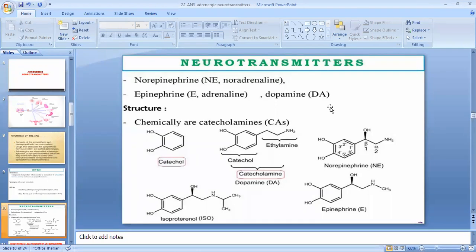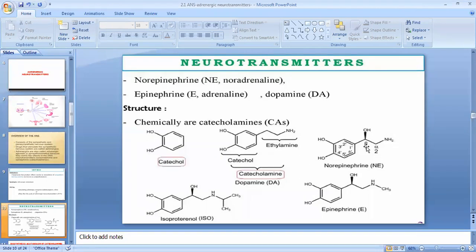So what are the neurotransmitters involved in the sympathetic nervous system or adrenergic agonists? They are norepinephrine and epinephrine as well as dopamine. Chemically they are catecholamines, because their structure is catechol with an ethylamine moiety joined together to form dopamine, the first neurotransmitter.